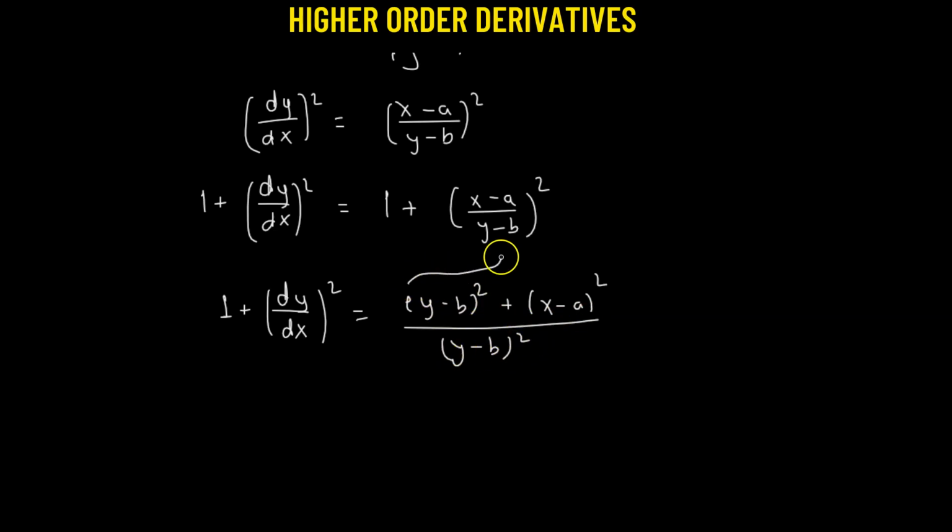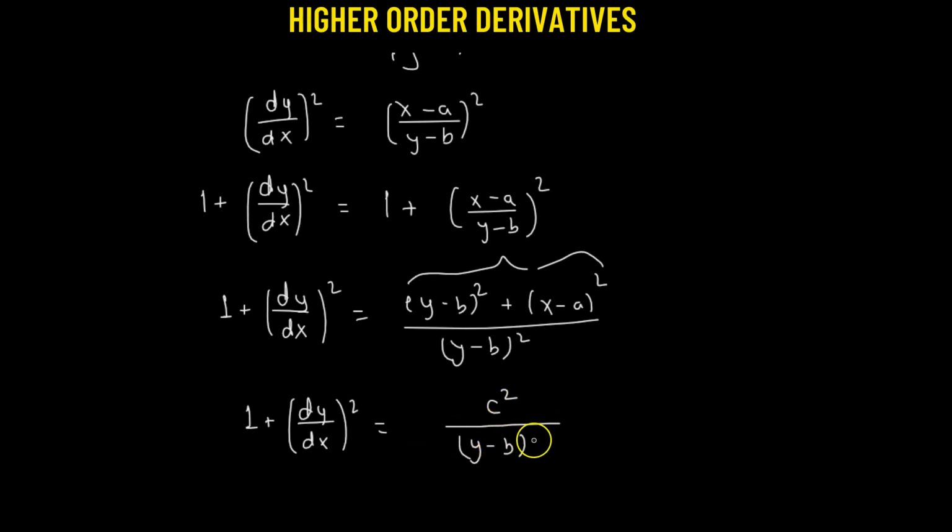Now we are already provided that this value is equal to c squared. This was our equation number 1. So let's replace this. We have 1 plus (dy/dx) squared, which will be replaced with c squared, so c squared divided by (y − b) squared.